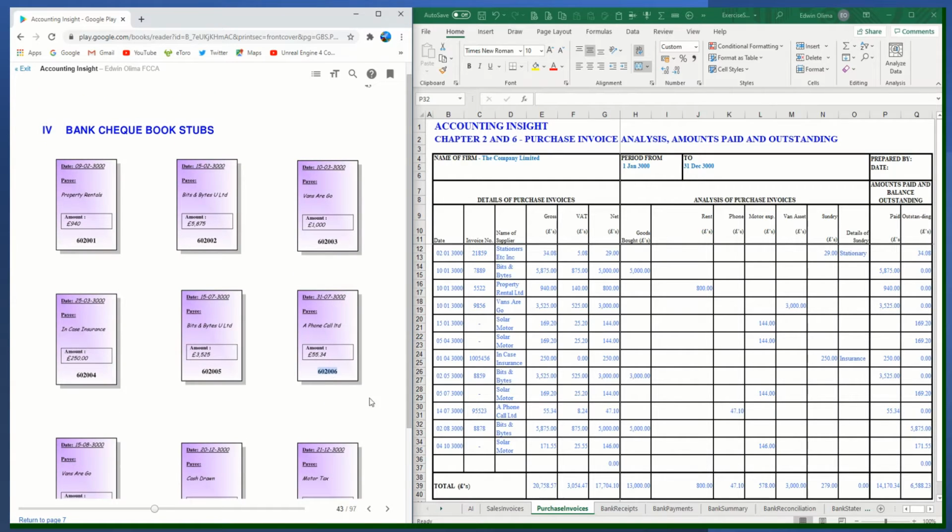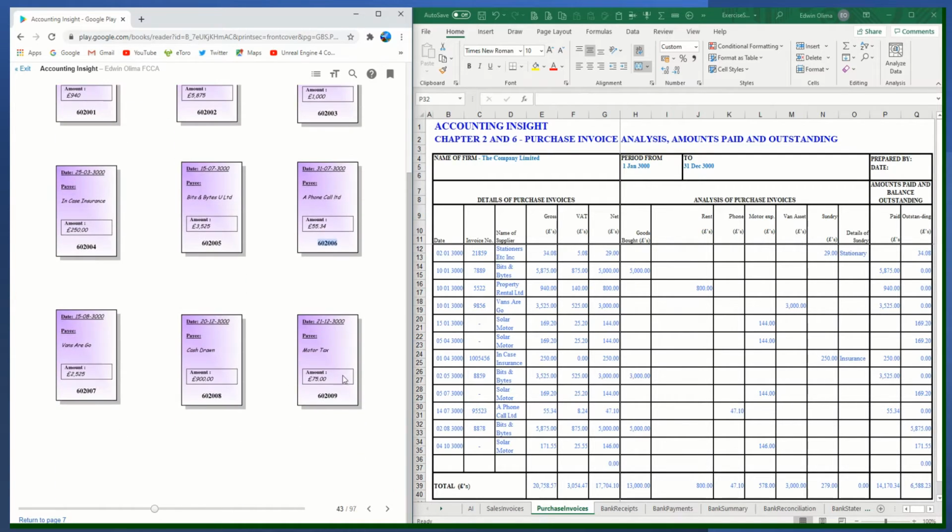So normally a business is taking credit from its supplier, so you order the goods, take maybe 30 days or 3 months before it then pays off the supplier. If it's paying them straight away, like for example the motor tax, you don't really need to have a list of how much you owe the motor tax company or authority. You can just pay them straight out of the bank.